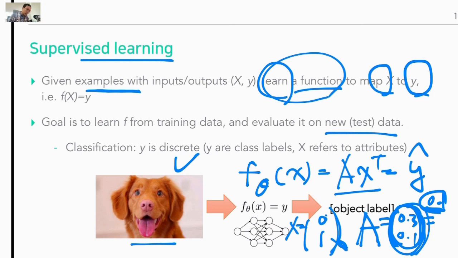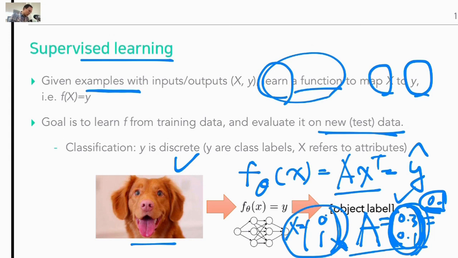So we can predict the labels for any new test data set. The X is the new data. So A is learned, and after learning, it is fixed. During the learning, it is changing all the time.